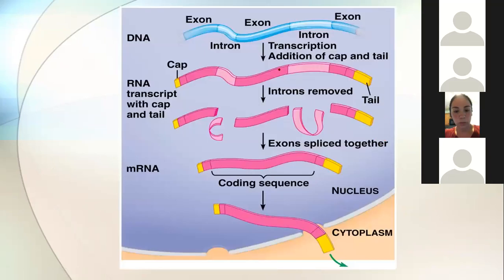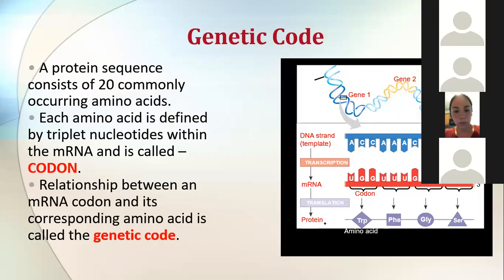Whatever I told, that exons are going to join and introns are removed, so messenger RNA is ready to go out, and then we add the 5' cap and the 3' tail.